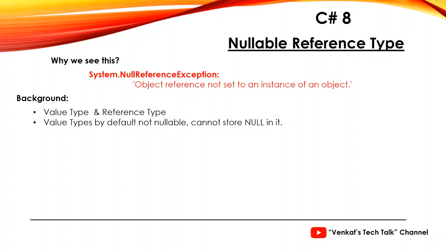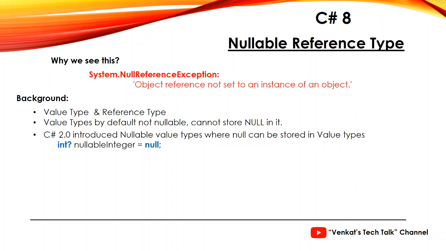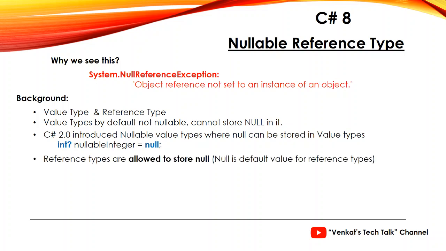But still we can store null in them, which is one of the features introduced in C# 8, nullable types, where with a special syntax we can express our intent that a particular value type or primitive can store a null. For example, I hope you are already familiar with this one, int question mark denotes a nullable integer, meaning we can store a null value in it. So this is one provision available to make our intent clear, to indicate that we want to store a null in the object.